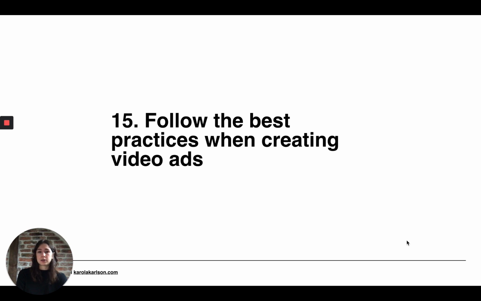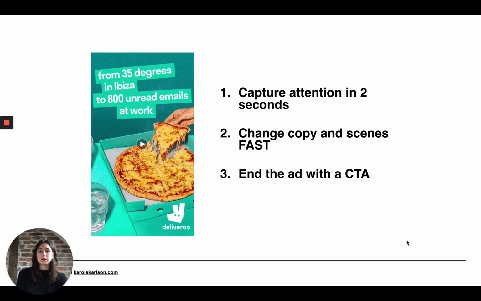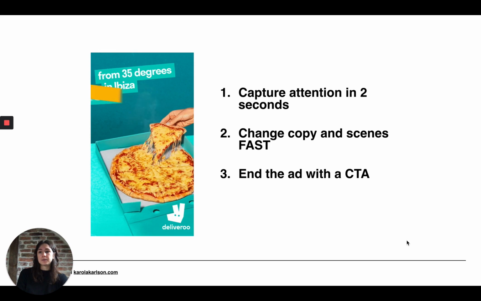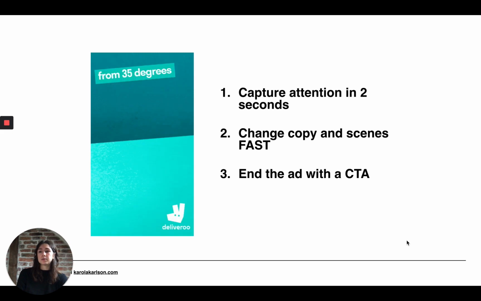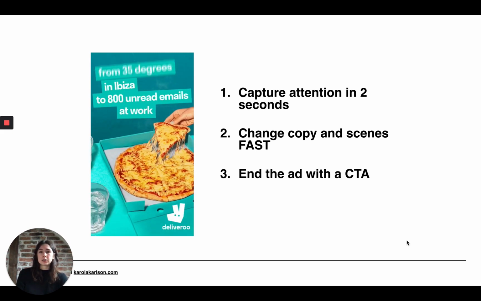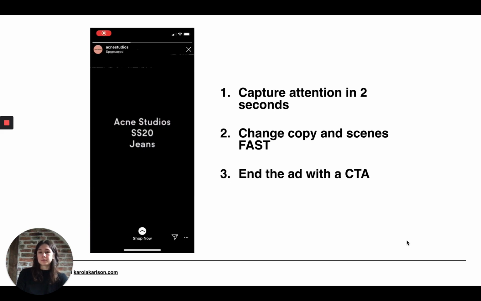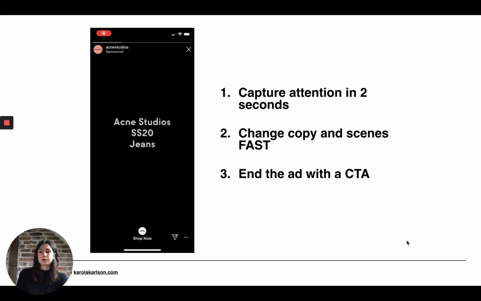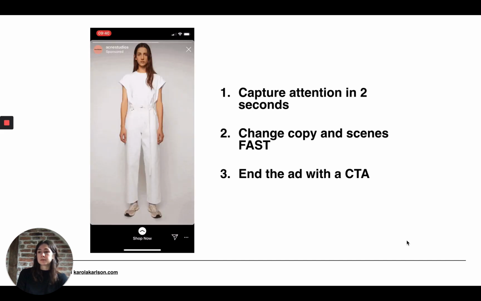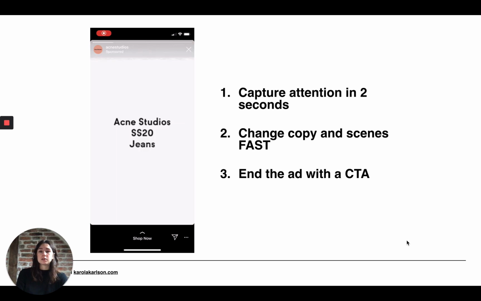There are a few best practices that you should always follow if you want your video ads to work. The Deliveroo ad is a pretty good example here. It's brightly colored, it catches the attention right away. There's also something going on and some copy or elements moving around all the time. And the ad closes with a call to action, get the app. The next example is from an online store, and it's also pretty good because the products are flashing by so fast that you really have to focus in order to keep up with the ad. And here's a third example from Uber.